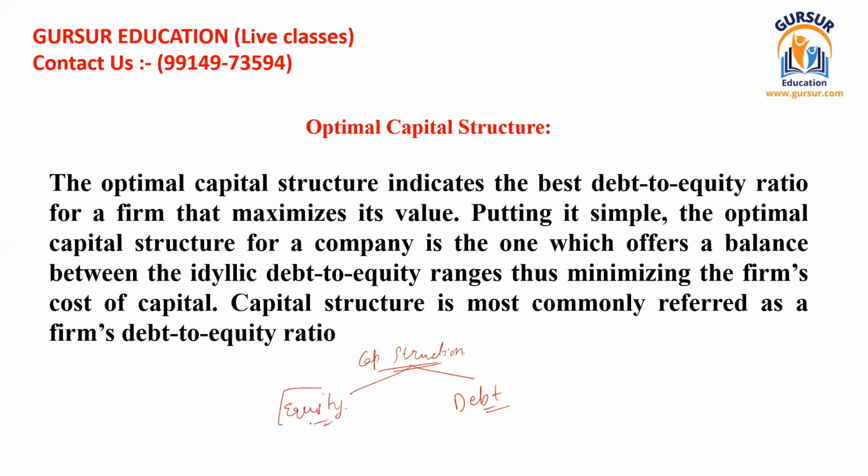To equity share capital, there is no fixed income. They have to be paid the residual income. Whatever income is left after paying all the expenditures to outsiders, that ultimately goes to the equity shareholders. So we can say that their income varies.